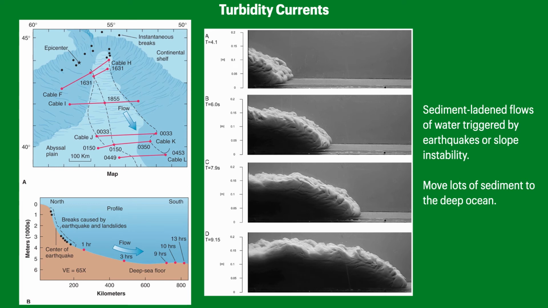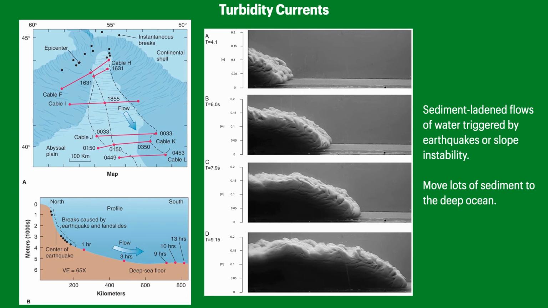One of the ways that you create these canyons is what we call turbidity currents. They're sediment-filled flows. Think of them as underwater landslides that are triggered usually by earthquakes or maybe by just slope instability, and they can carry a lot of sediment down from the continental shelf and slope down into the abyssal plain.